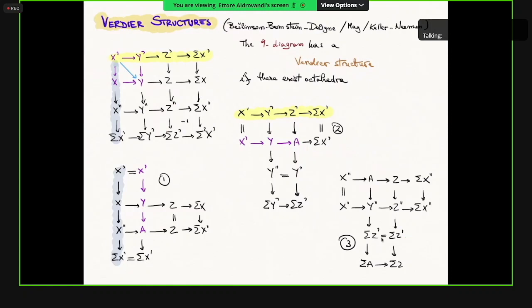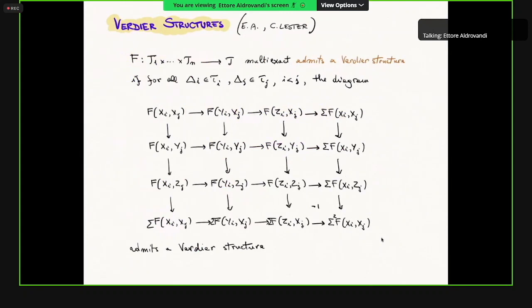And other people have actually shown that if a tensor triangulated category comes from nicer structures, then diagrams tend to have this kind of hidden Verdier structure. So we are saying that a multi-exact functor admits a Verdier structure if whenever you feed in 2 distinguished triangles, you get a grid like that.